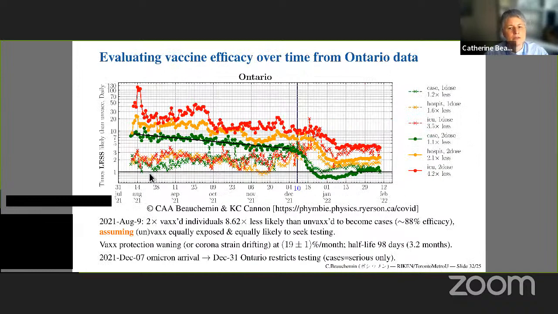Here we go. So from very early data, when the vaccines were first introduced, it was possible to look at how many times less likely someone was to catch COVID if they got the vaccine as opposed to did not. And basically, this black line, this slope, gives you the decay rate of the immunity, and the half-life is around 98 days, so about 3.2 months.